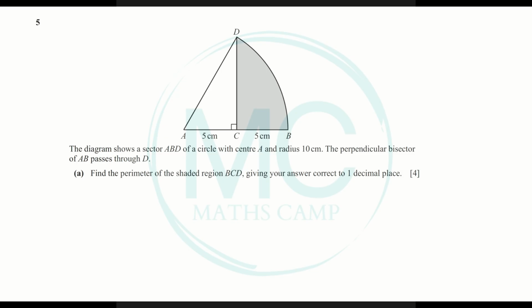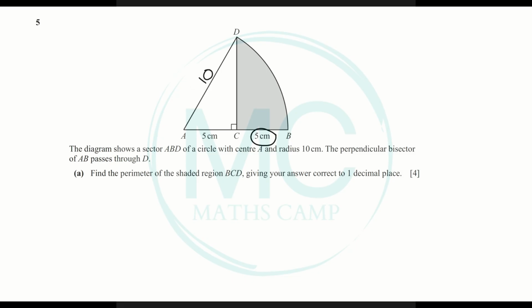Now, to find the perimeter of BCD, we already have BC of 5 centimeters, so we need CD and we need DB. Angle ACD is a 90-degree angle, and we also know that AD is 10 centimeters because this is the radius.